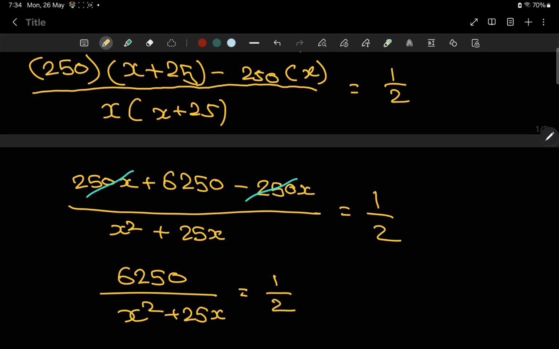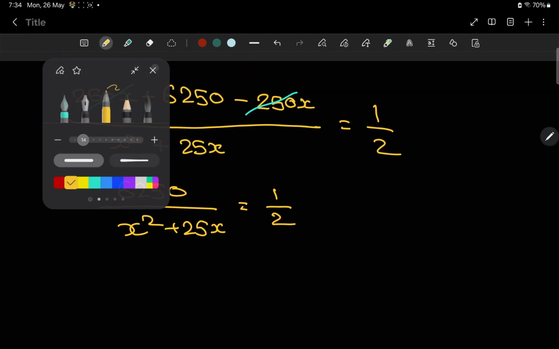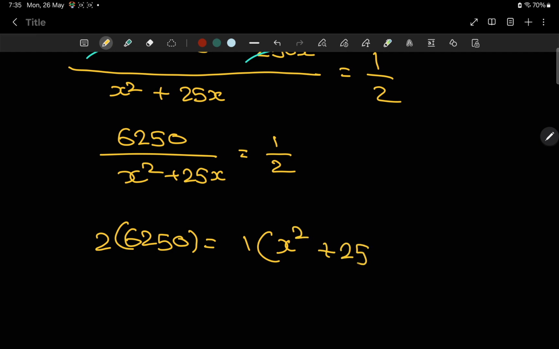Okay, now what we should do is cross multiply it. This with this, this with this. First this 6250 with 2. 6250 into 2 is equal to 1 into x square plus 25x.